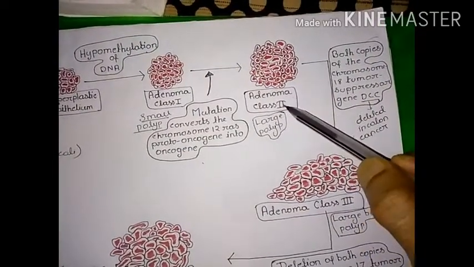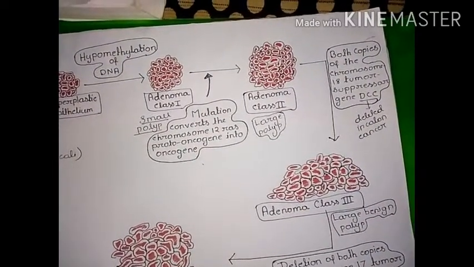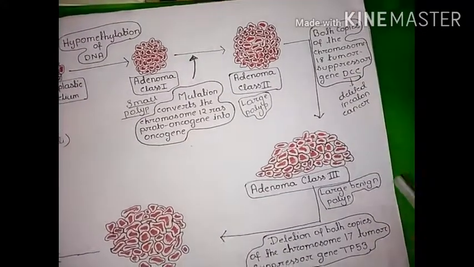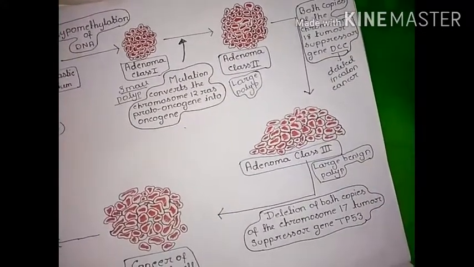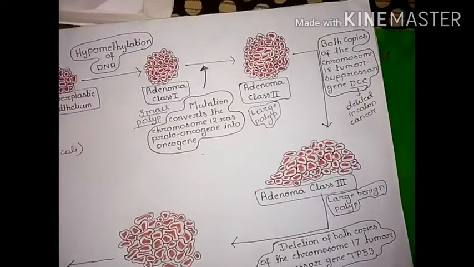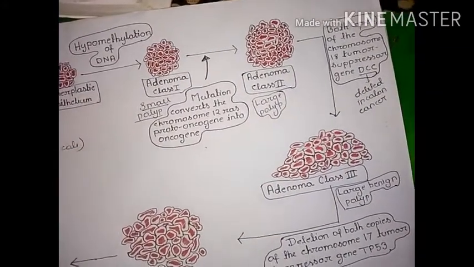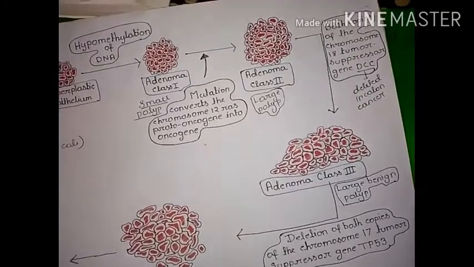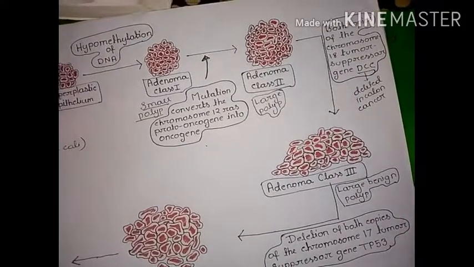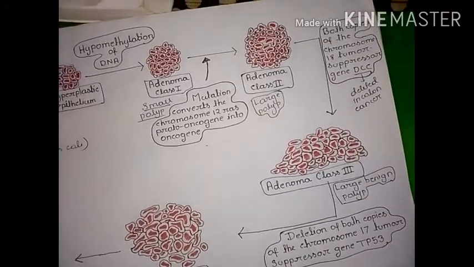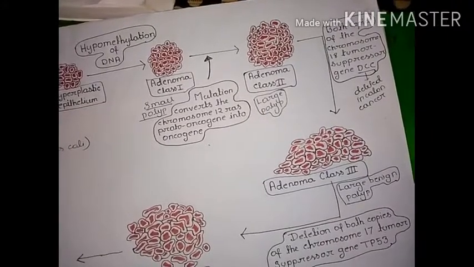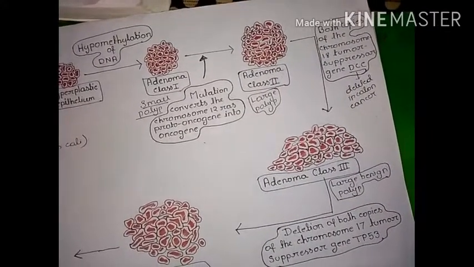On the other hand, a malignant tumor is a type of tumor in which tumor cells can spread through blood vessels to different sites of the body.